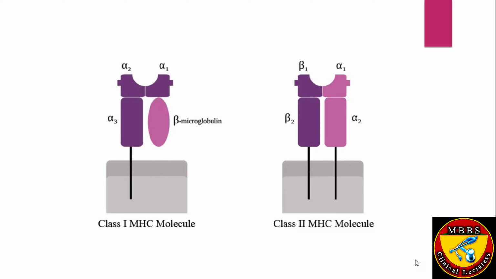The class 1 MHC molecule has alpha chains, alpha 1, alpha 2 and alpha 3, and they are linked up with a beta 2 microglobulin. While in class 2 MHC molecules we have 2 alpha chains, alpha 1 and alpha 2, and 2 beta chains, beta 1 and beta 2. There is no beta microglobulin.